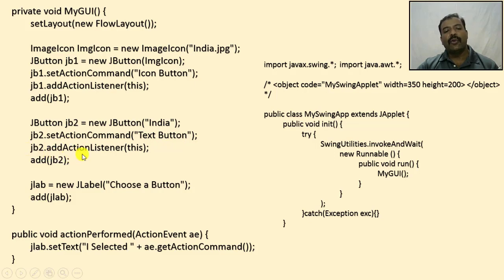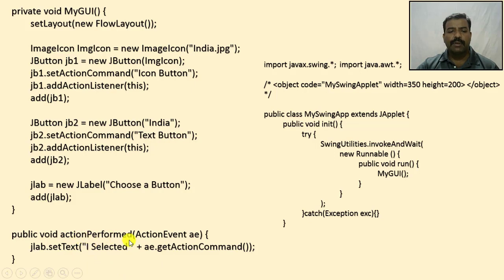And I'm going to add the current action listener and add this component. Hence, I've added a button with the image and a button with the text. And along with this, I'm going to add a label, with the text choose a button, and add this component too. Hence, I'm adding three components to my graphical window right now: the two buttons and a message. And now, once this is done, I need to define the action performed.